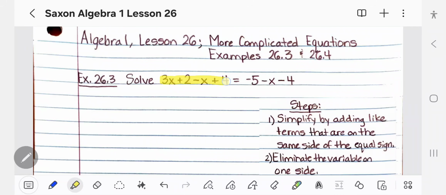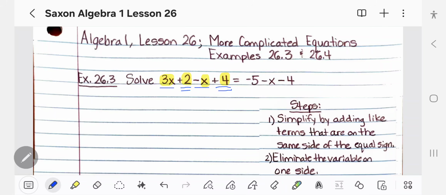So looking at this side, I have 1, 2, 3, 4 terms. Let's see which of those are like terms. I have a 3x, and I have a minus x. Those are alike. And then I have a plus 2, that's a constant, and a plus 4.